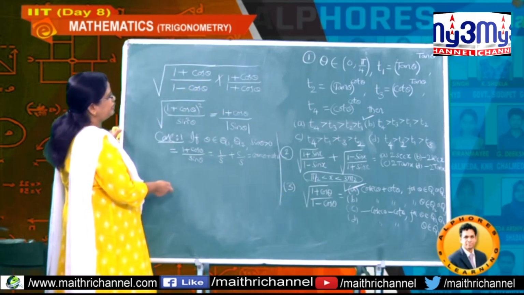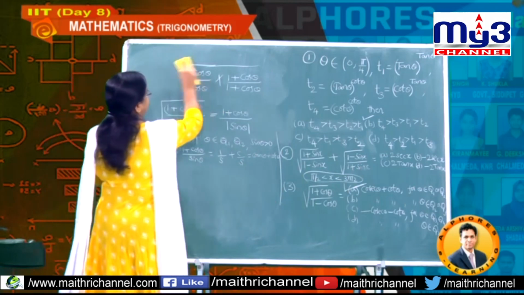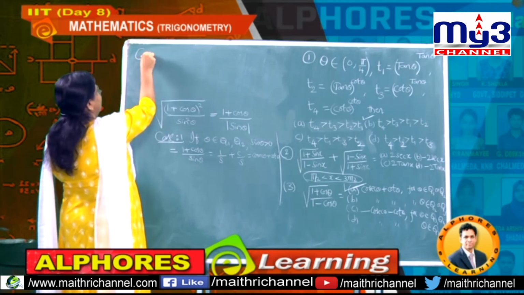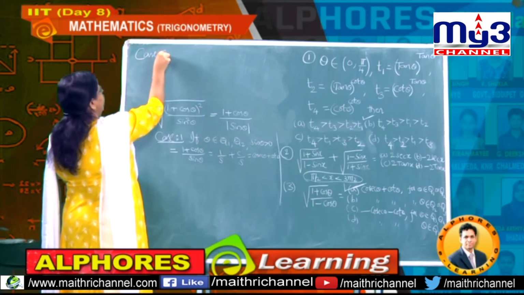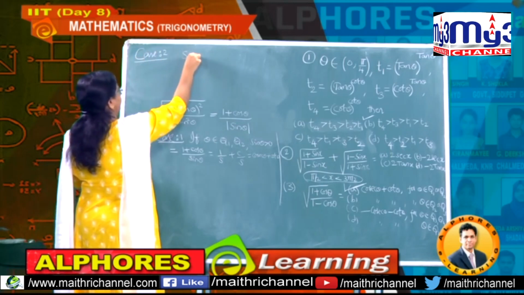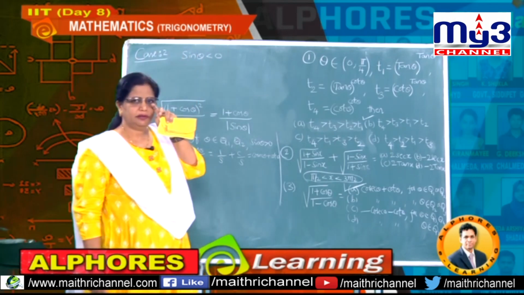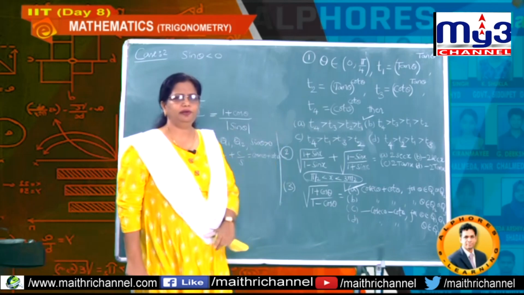So what about case 2? Now in case 2, how is the sin theta value? Negative. Now where is the sin theta value negative? In the third quadrant and in the fourth quadrant.